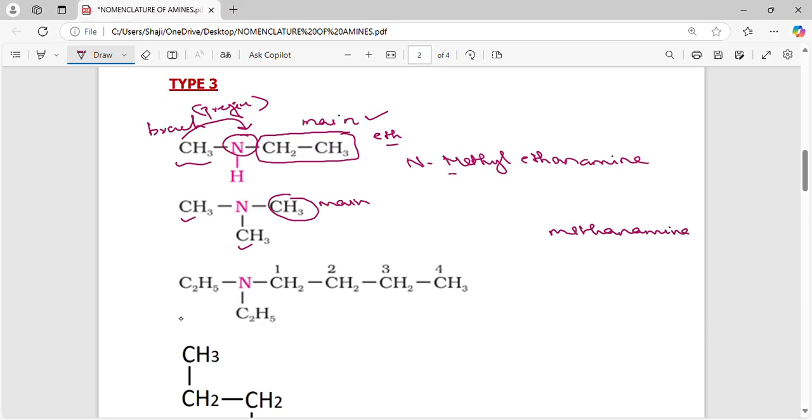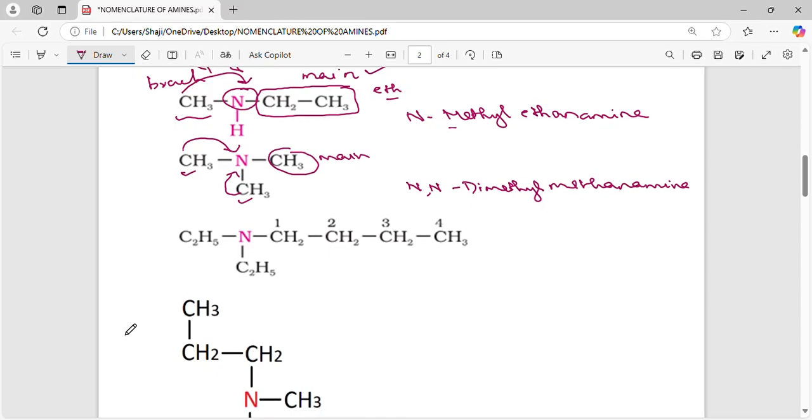But there are two branches, CH3 and CH3, and both branches are attached to the nitrogen itself, so it is N comma N. Normally if it is a carbon atom, for example the second position, we say 2, 2 or 3, 3, like that we specify the number two times. In the same way here also N,N, then di because two methyl groups are there, dimethyl. N,N-dimethylmethanamine.